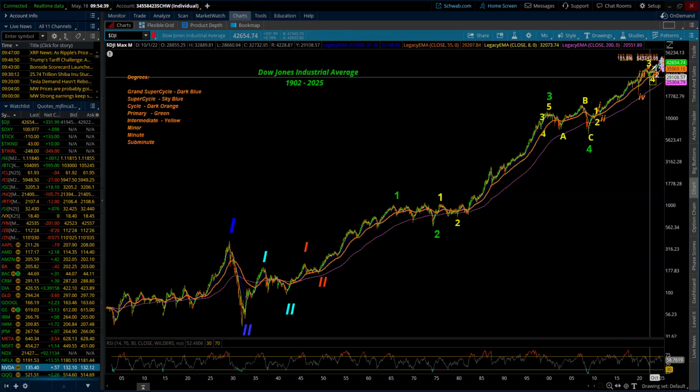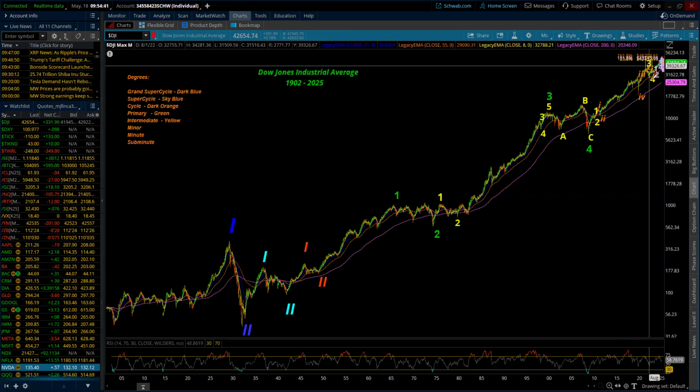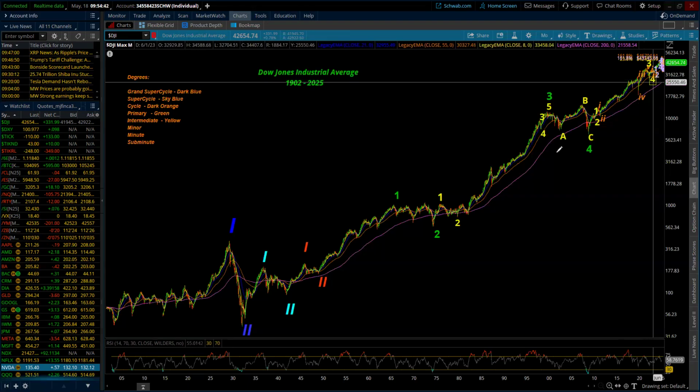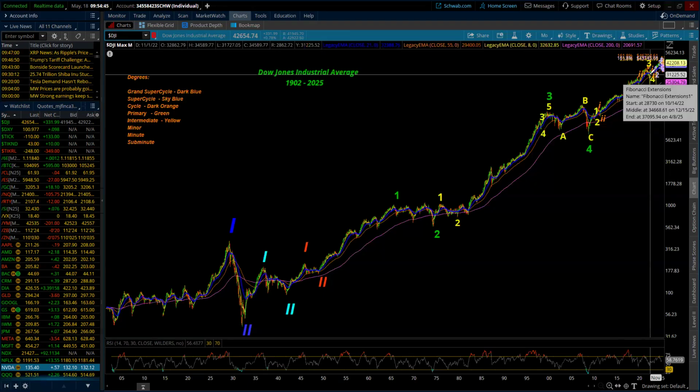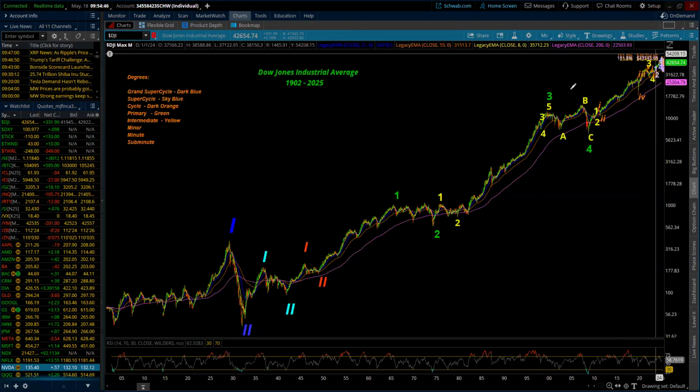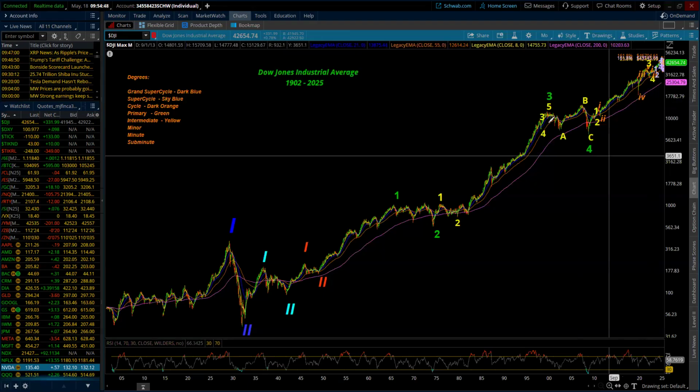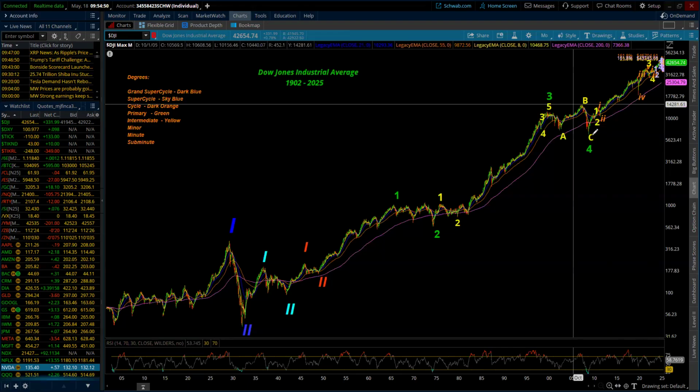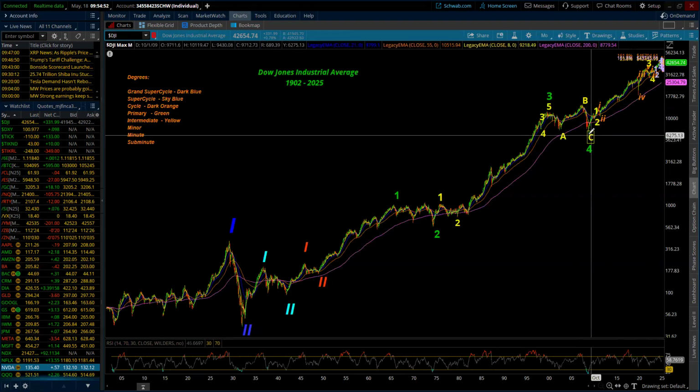And so we got an intermediate degree third and an intermediate degree fourth, and now we're coming up to finish it. But once done, this is the area that you would expect the correction to get back to. That takes us back to 6,500. We would be trading above 45,000 when we're ready to start the drop. There will be a lot of time in between.